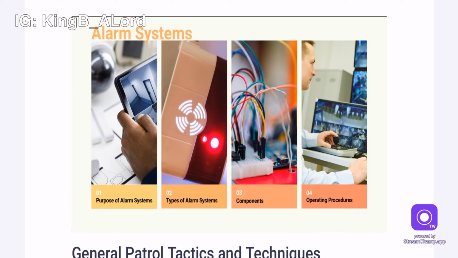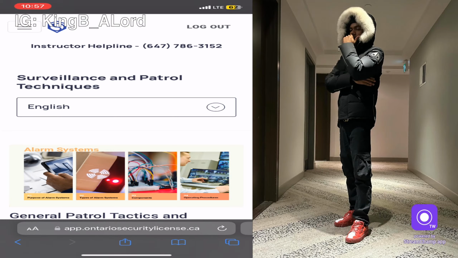General operating procedures and monitoring. Alarm systems operate based on predefined procedures and protocols. When an alarm is activated, it can be due to various causes, including unauthorized access, fire, or environmental hazards. Malfunctions and human errors can also trigger false alarms.